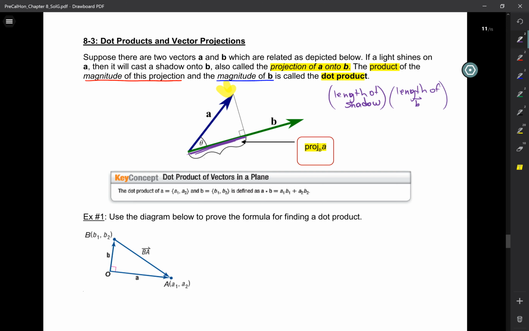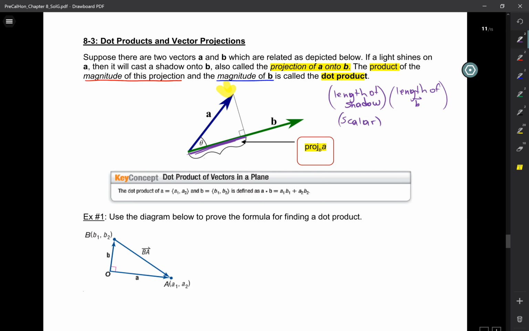So here's a question. Is the dot product then going to be a vector or a scalar quantity? Is the length of the shadow vector or scalar? It's a length, so it's a scalar.